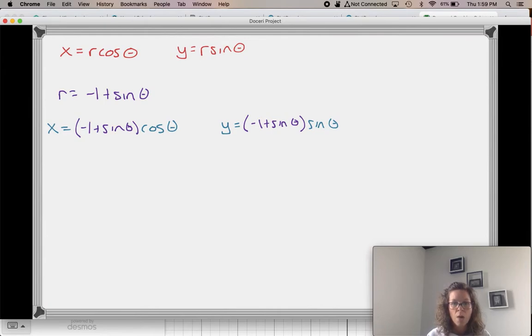And now we're going to find dy/dx, the derivative of this. So when I find dy/dx, we're going to find the derivative of the y first. Because I have that purple times blue, and I did the coloring on purpose to help us keep track of all of our parts and pieces, I have a product, so we're going to need to use our product rule to take our derivative.